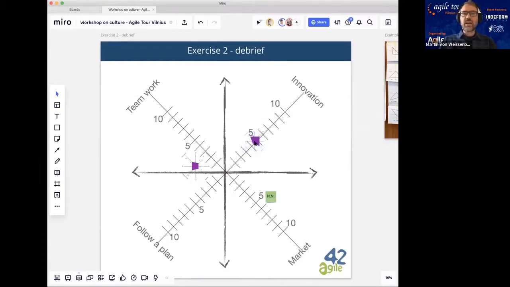If you don't have a handy picture, you can just take a sticky note and pull it in and put it where you feel it belongs. So let's just take a minute to do that. I'll clear it out and I'll open the board to everyone. Please put a mark where it makes sense for you to be positioned.